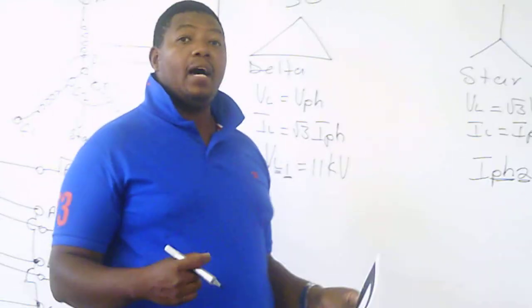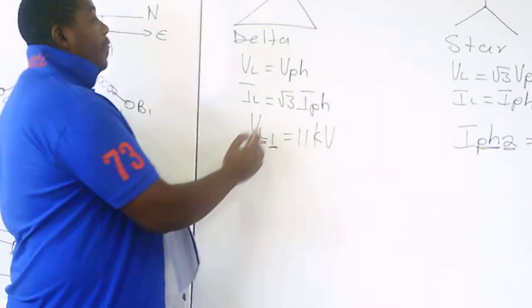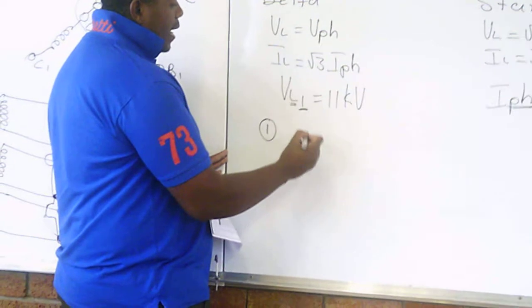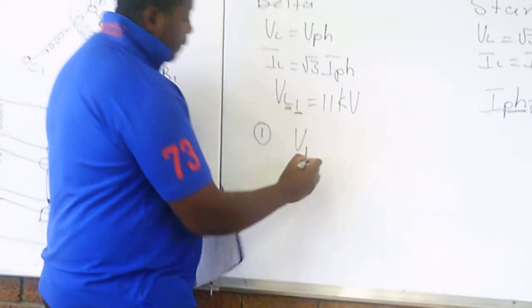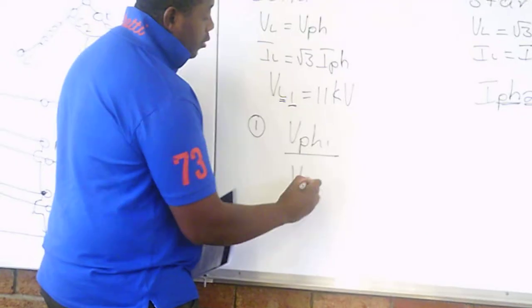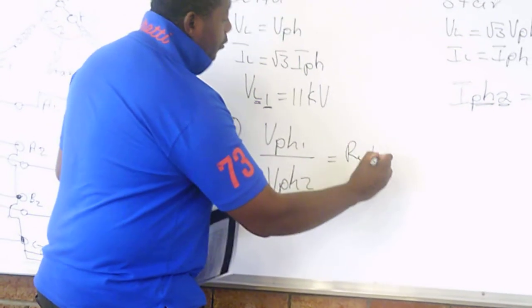I'm sure by now we know what a transformer ratio is. So, if you look at this, I know that I have to use V phase 1 over V phase 2. That will be equal to the ratio.